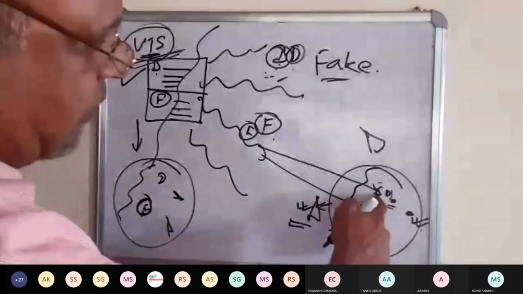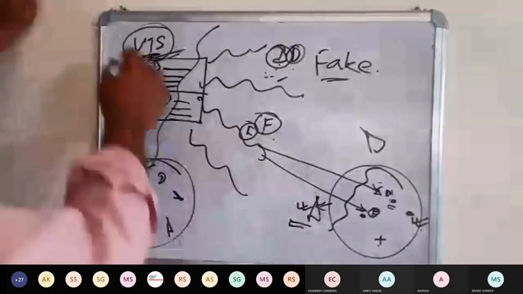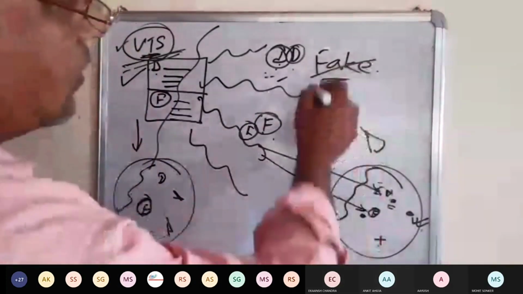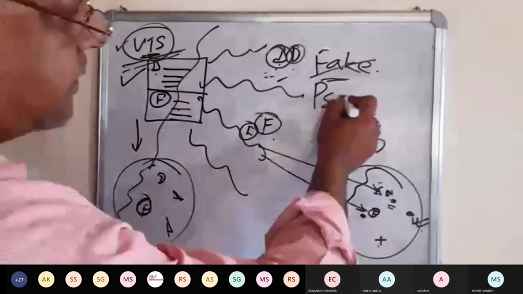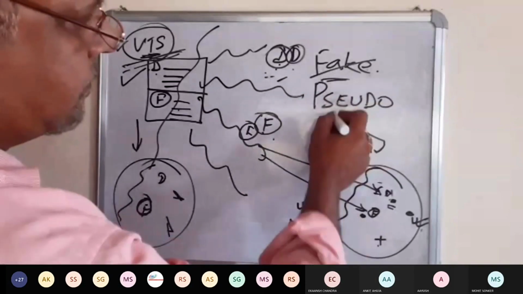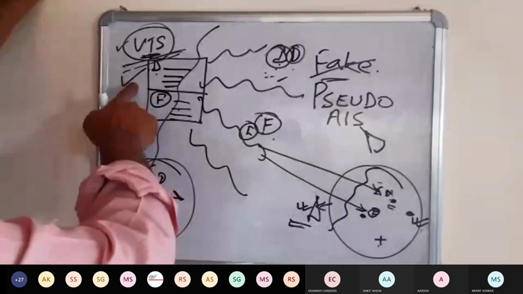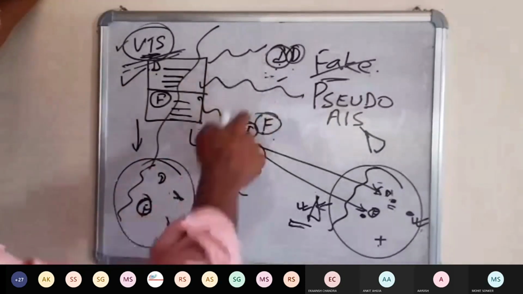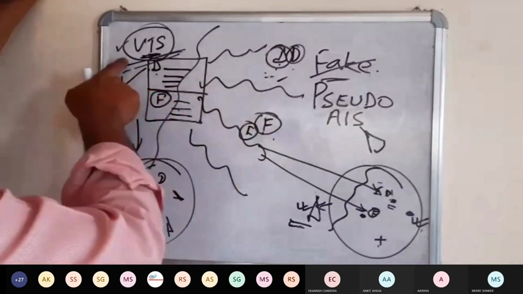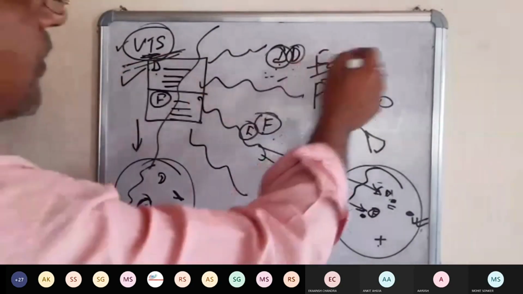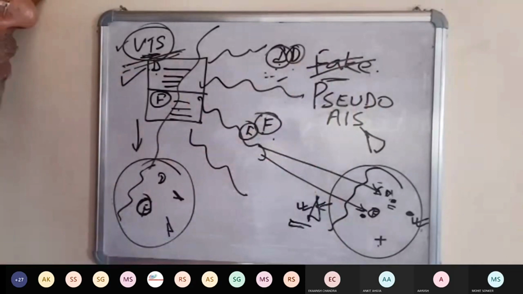So this kind of information, when it is transmitted by the VTS, is called pseudo AIS. This transmission, which is made for a dredger and fishing boat by the VTS, is basically a fake transmission, but we don't call it fake, we say pseudo AIS.